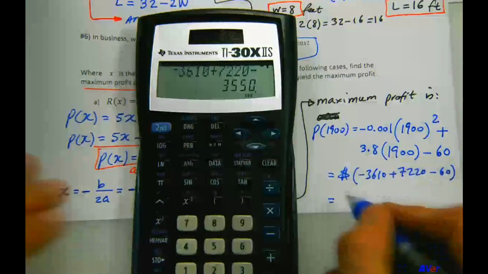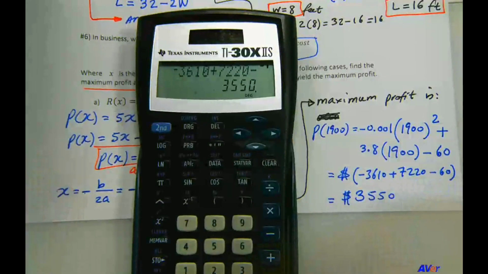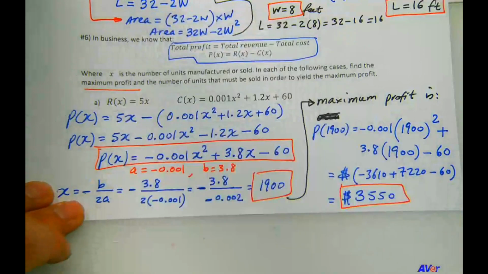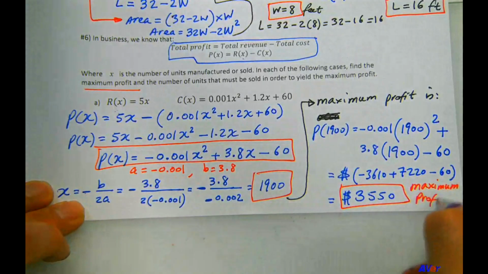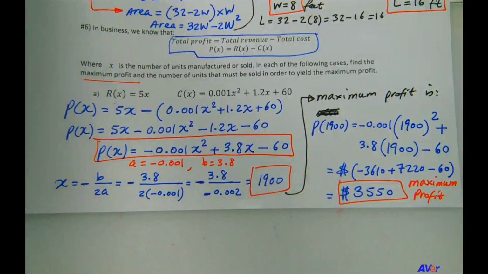We get a profit of 3,550. So this is the maximum profit. Okay, that's the maximum profit. How many units must be sold in order to realize this profit is 1900 units.